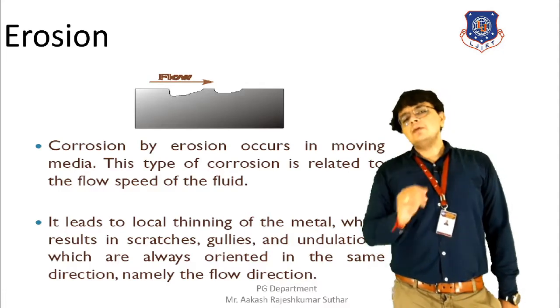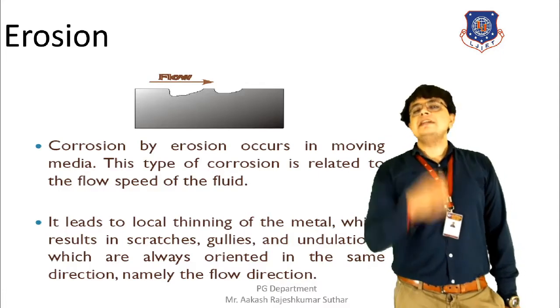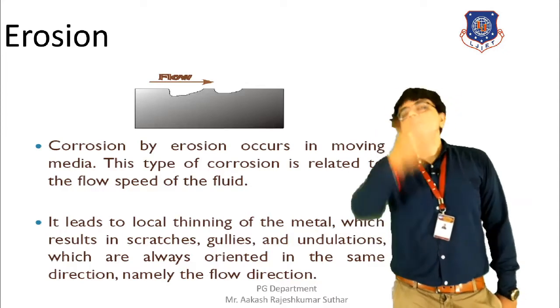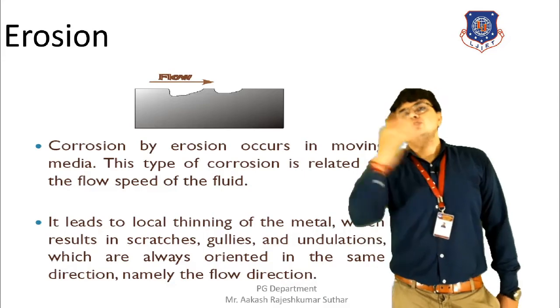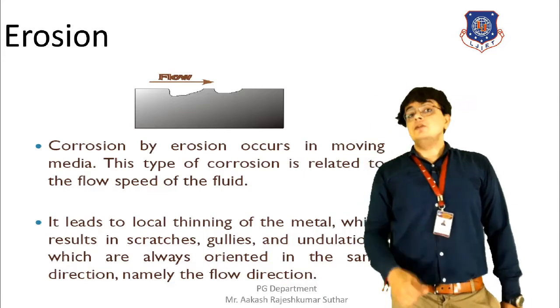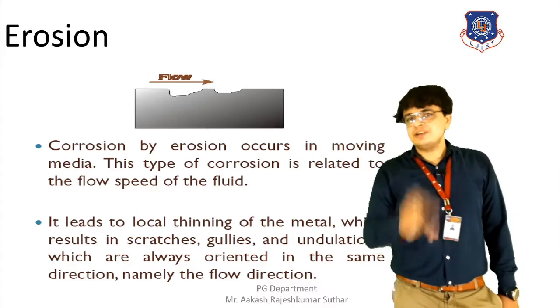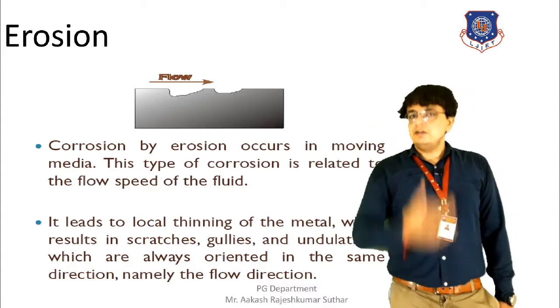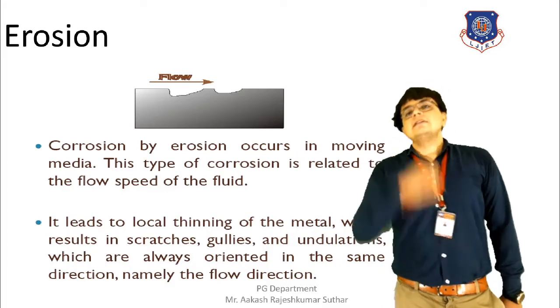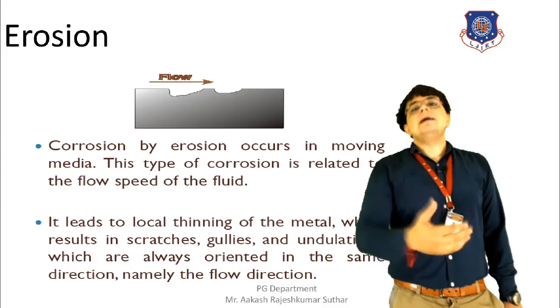The key component of erosion type corrosion is the impact load. The impact of the moving material through the pipes or any kind of metal will cause erosion. As a result, some of the material will be removed and the overall surface area of the pipe or the metal will be reduced.